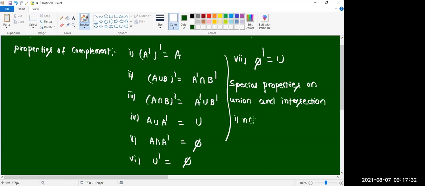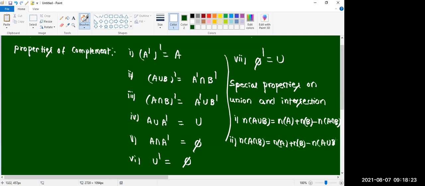First one is n of A union B equal to n of A plus n of B minus n of A intersection B. Number of elements in A union B equal to n of A plus n of B minus n of A intersection B. From this one, what can we say? n of A intersection B equals n of A plus n of B minus n of A union B. Union means or, intersection means and. The number of elements in A and B means we have to find the intersection. The number of elements in A or B means we should find the union.